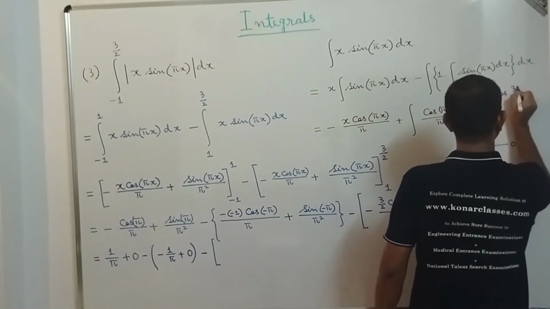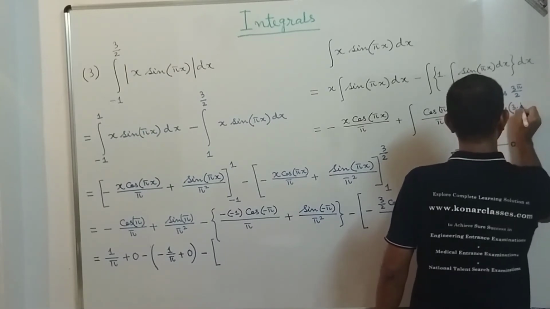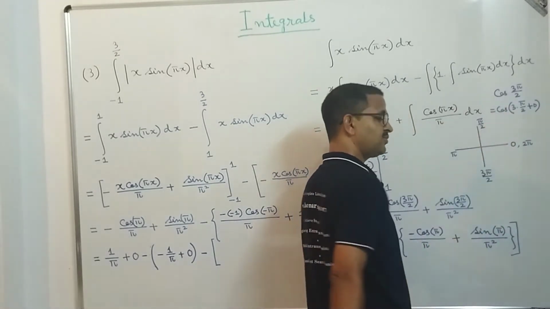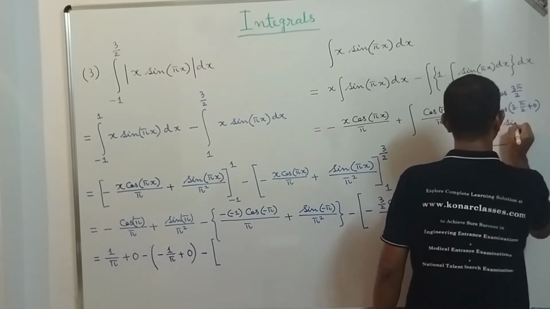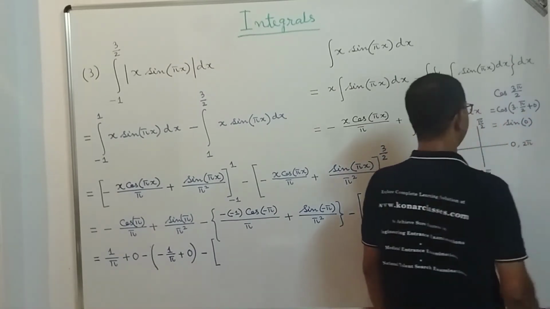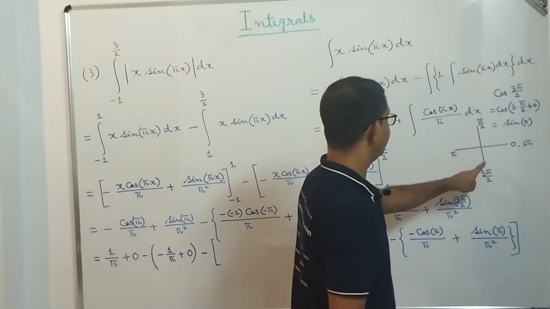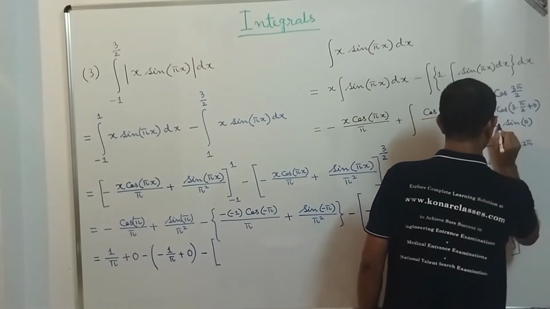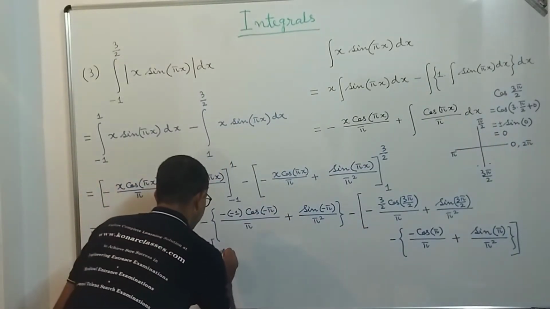Cos 3 pi by 2 is equal to cos of 3 into pi by 2 plus 0. 3 is odd, so it should be cos's cofunction sine 0 with a plus or minus sign. In any case, whether it is plus or minus, the value of sine 0 is 0. So finally we get the value of this as 0.